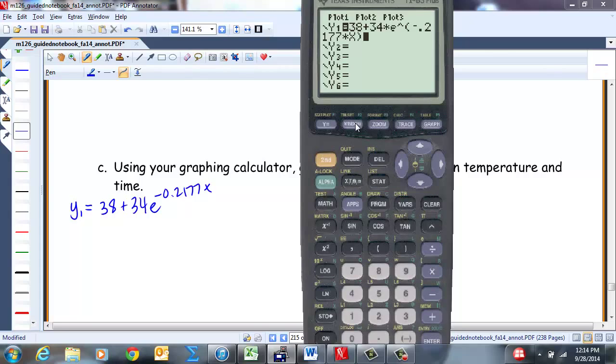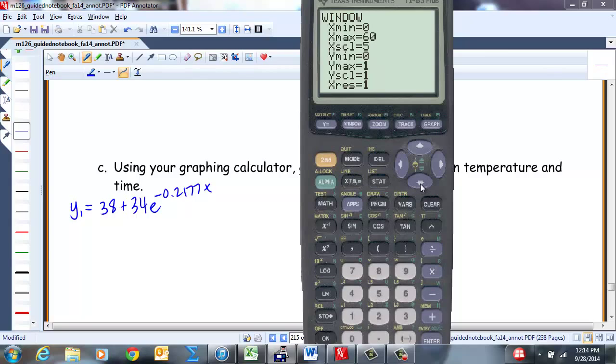And then our window in minutes would go from maybe 0 to 60, I guess, and the scale be 5.